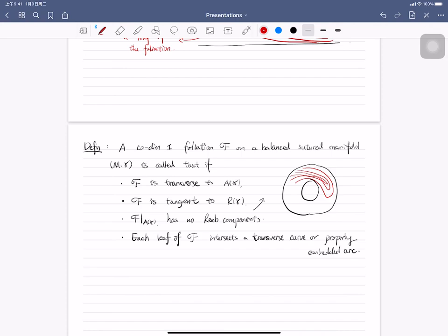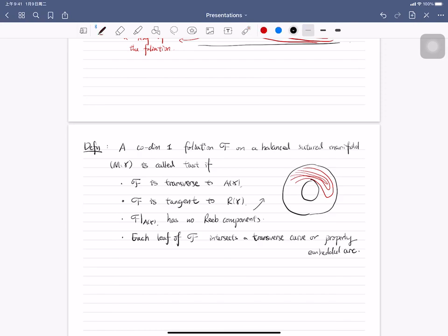Of course, this will rotate round and round, infinitely many times. For more details about Reeb components, you can go back to Gabai's original paper. So this is called the taut foliation.